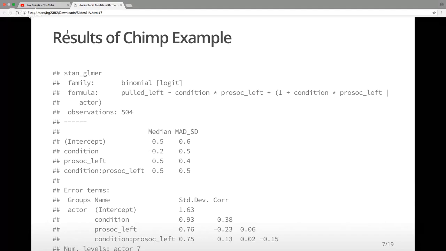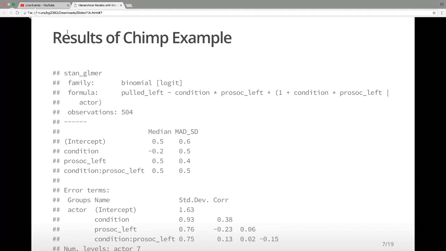There were 504 observations, so that may seem a little bit surprising, but is maybe more surprising or less surprising when we consider the error terms, which are really only error terms from a frequentist perspective. But we have posterior medians of the estimates of these things.